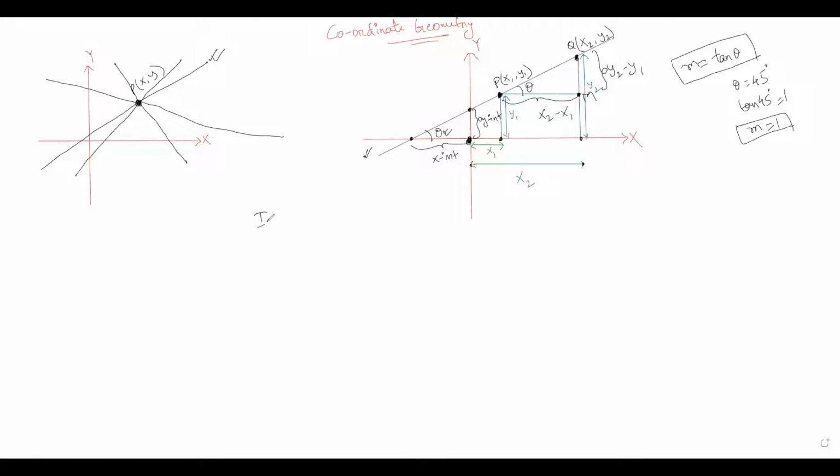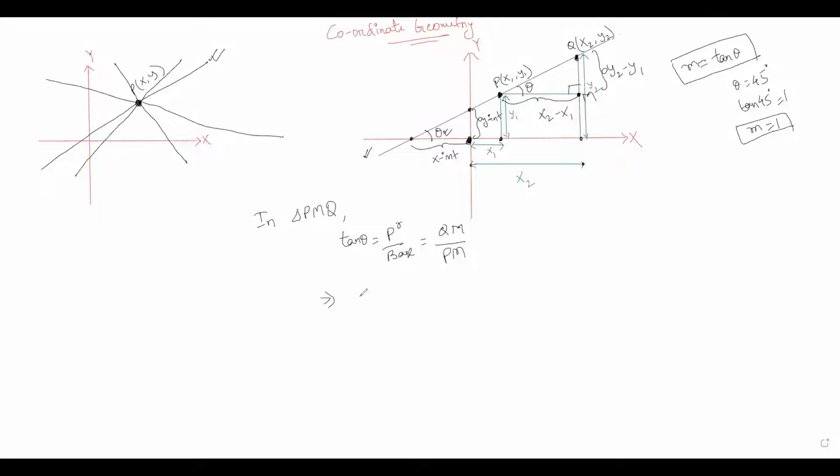So in right angle triangle PMQ, where angle M is 90 degree, we can say that tangent of this angle would be perpendicular upon base. So here the perpendicular is QM and the base is PM.